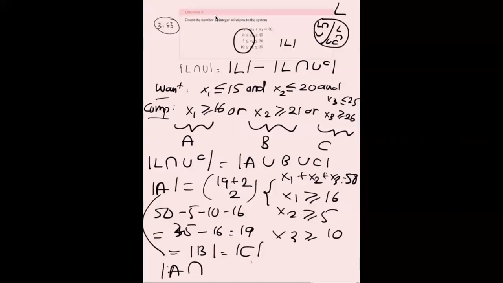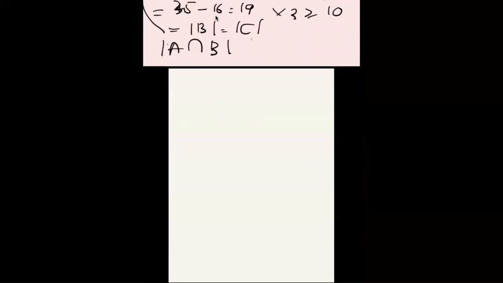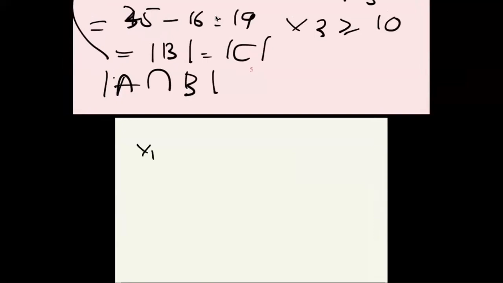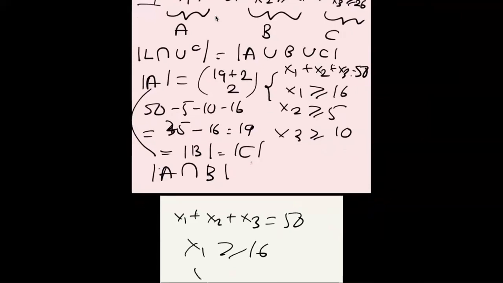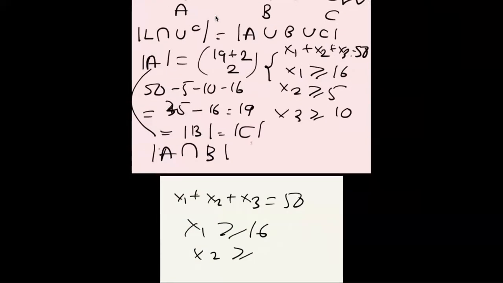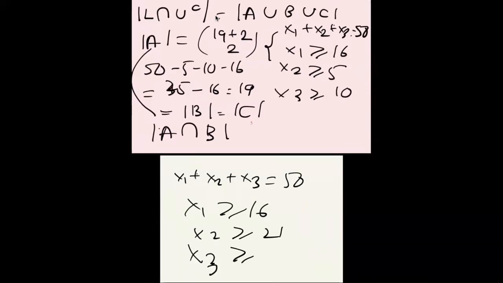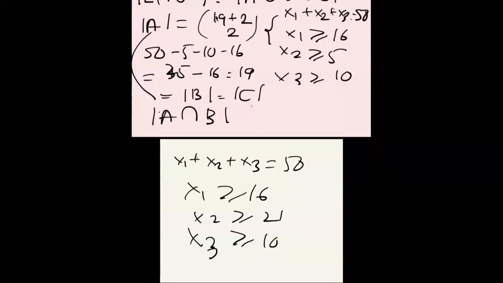And you can use the same logic to find cardinality of A intersect with B. So now I want x1 plus x2 plus x3 also equal to 50. And I want it to satisfy A, which means x1 is at least 16. And then x2 is at least 21. And x3 has to satisfy the lower bound, which is 10. So I can distribute 16 into bin 1, 21 into bin 2, and 10 into bin 3.